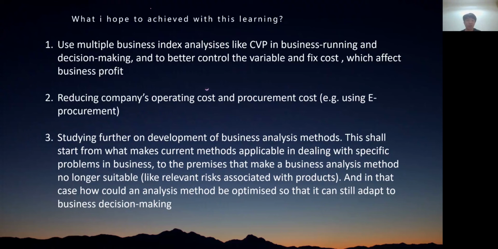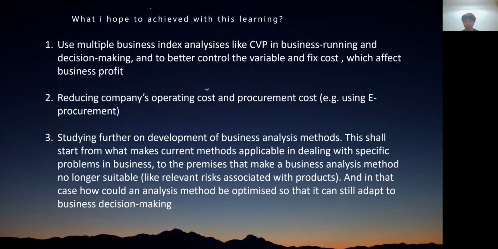Lastly, which is the most important part, we're particularly interested in studying further the development of those business analysis methods, because as we've learned, CVP analysis has once been out of date, as it was no longer adapted to today's business problems, and has been optimized.